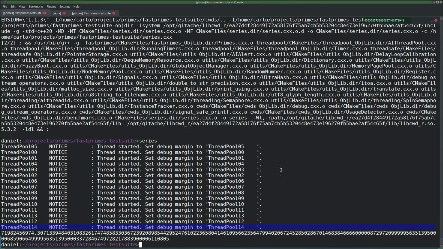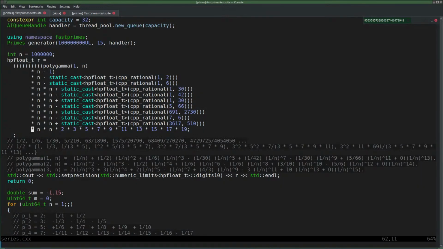The only thing you can do here is increase n, I think. So let's go to 3 zeros more. Not even sure if that fits in a thing anymore. Unsigned int 64. Polygamma.